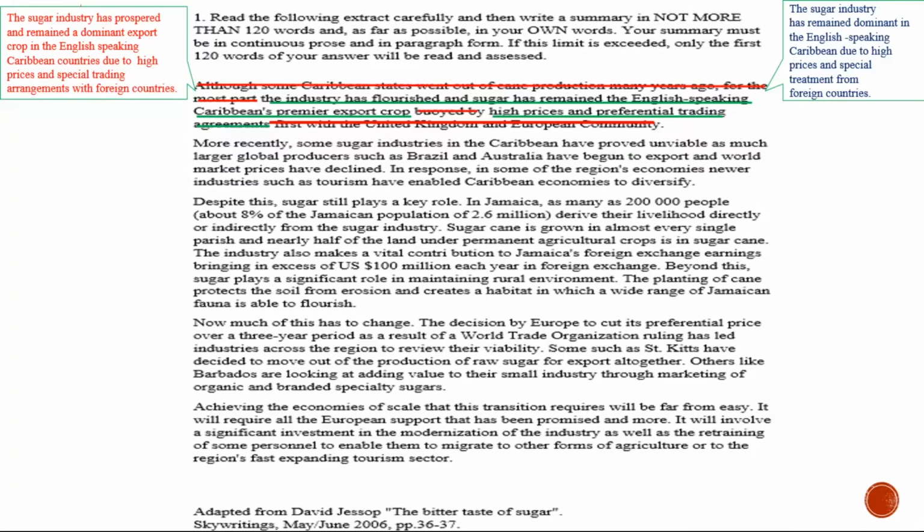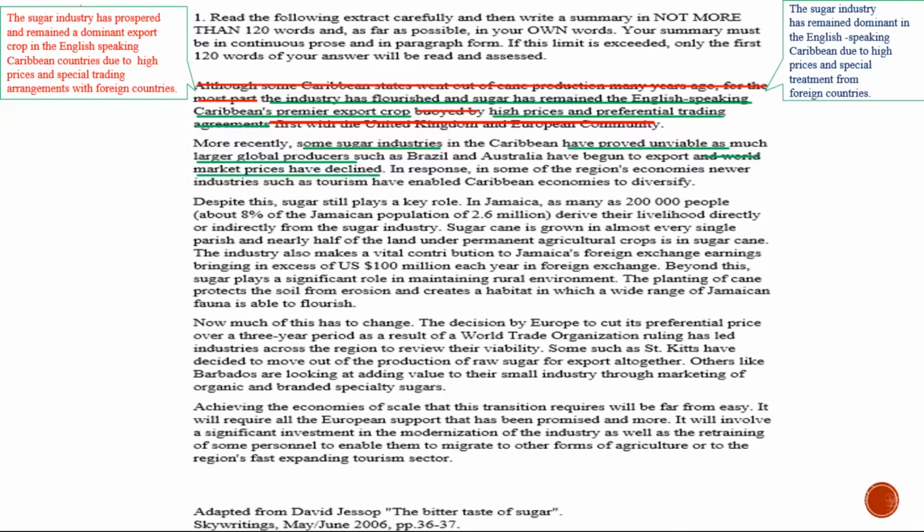Let us now look for these main ideas. It says that some sugar industries have proven unviable. And remember, I did point out that unviable means unsuccessful or not profitable. Why? It says that because of large global producers. What have large global producers done? They have begun to export and world market prices have declined.